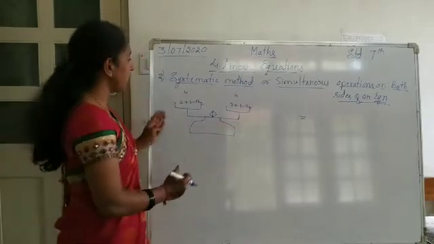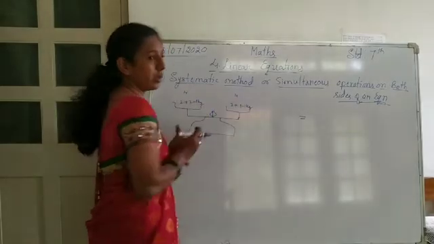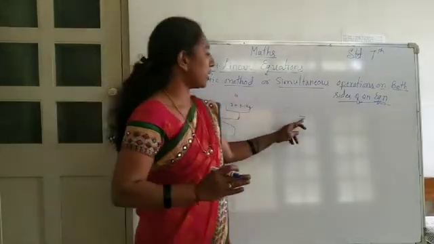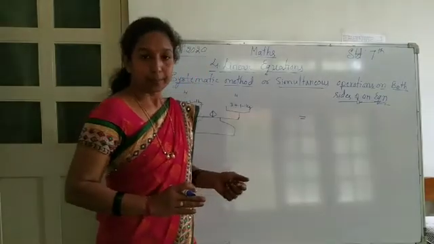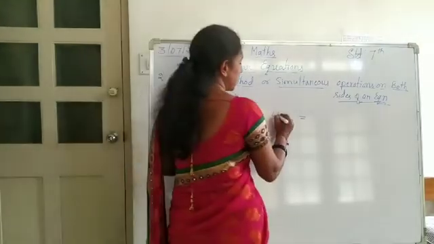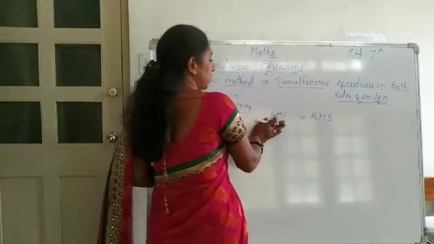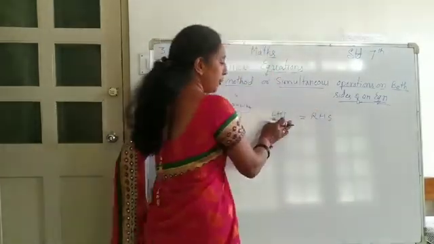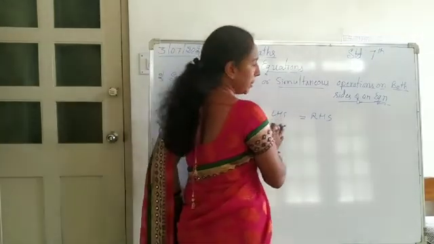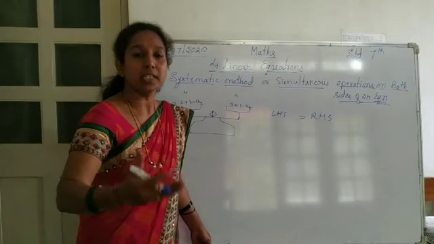Whatever I am doing here, the same thing I have to do here. This needle works as the equal sign in the equation. Whatever you do in the LHS, you have to do the same in the RHS. If you add here, you add there. If you subtract here, you subtract there. If you multiply by any number, you multiply there also. Multiplication means the repeated addition of the same number.